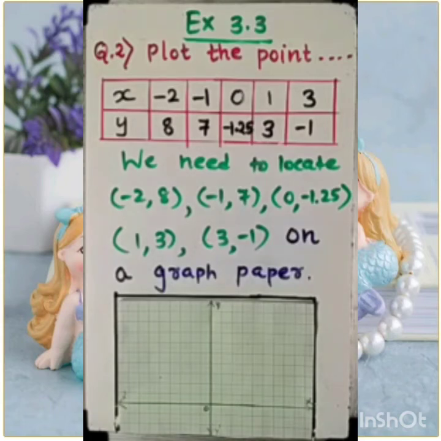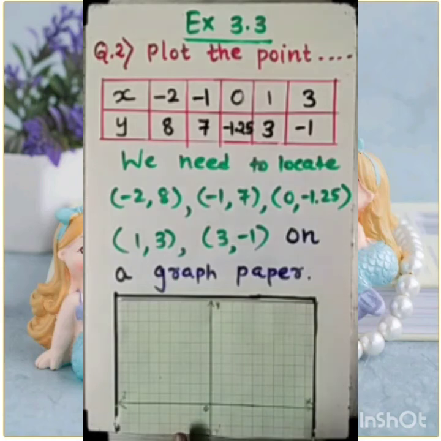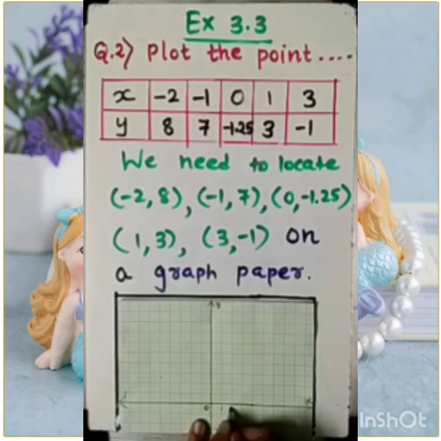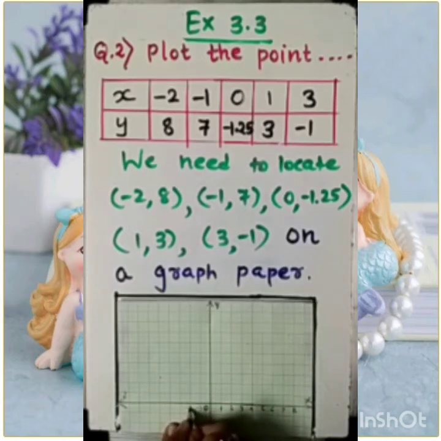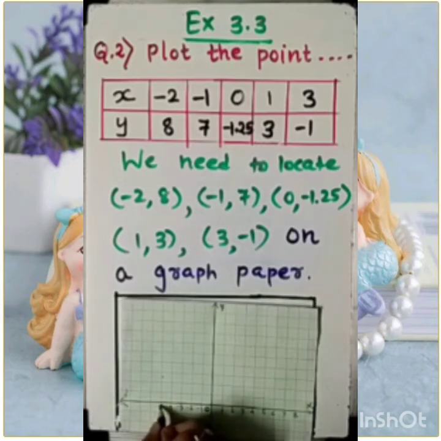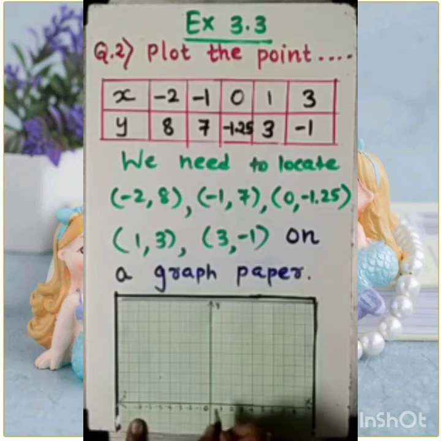Now, in the scale I am choosing 1 unit. With that, I am locating the points. On the y-axis, upward: 1, 2, 3, 4, 5, 6, 7, 8. And downward: -1, -2, -3, -4, -5, -6, -7.